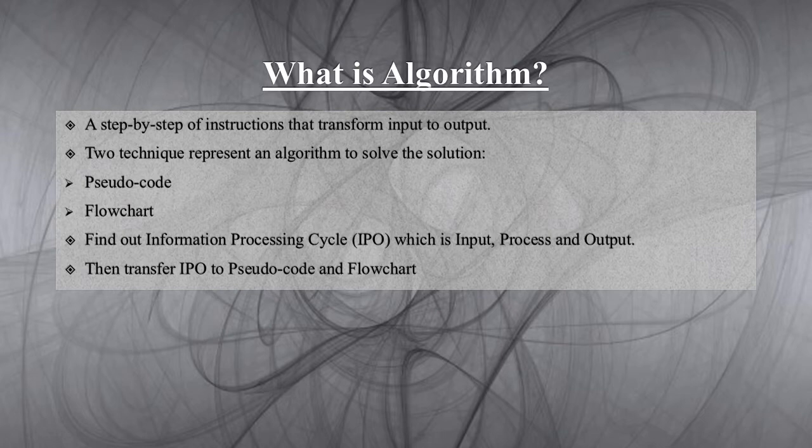Okay, before we start our solution, firstly, we need to find out the information processing cycle, IPO, or in more detail, input, process, and output, used in the airline's ticketing system. Then, we will transfer IPO to pseudocode and flowchart.